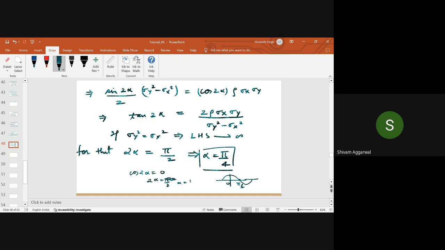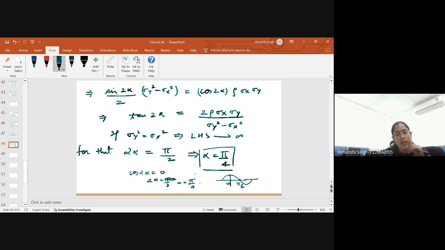And that will resolve a lot of calculation. You can do that, because here actually the tan becomes infinity. That's also fine, no issue in that. That cos 2 alpha is 0, because rho is always positive, and sigma x and sigma y are also non-zero. Then you can do it that way also.